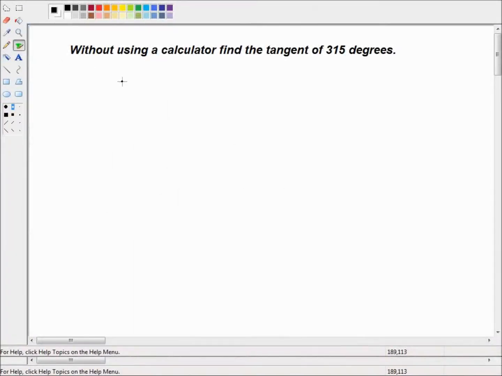Okay, let's try one more example. We're told, without using a calculator, find the tangent of 315 degrees. Okay, so this time I'm actually going to draw my x and y axes. And 315 degrees is the same thing as 360 degrees minus 45 degrees.